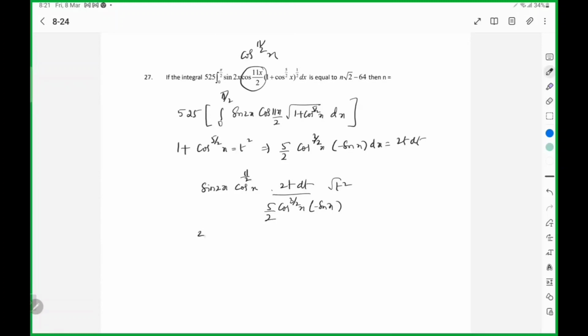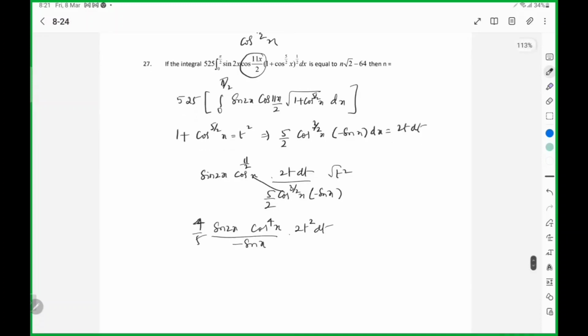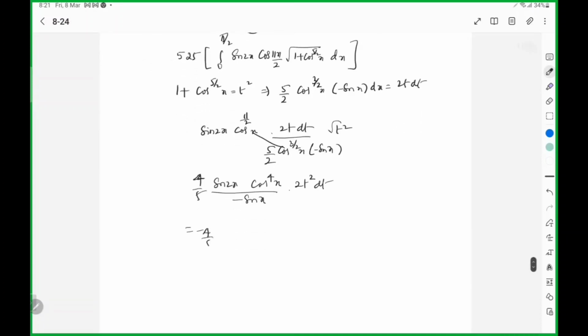Then you will have 4 by 5 sin 2x cos 11 by 2 x minus 3 by 8 by 2 4x minus sin x 2t square dt. So minus 4 by 5, 2 sin x cos power 5x minus sin x into 2t square.